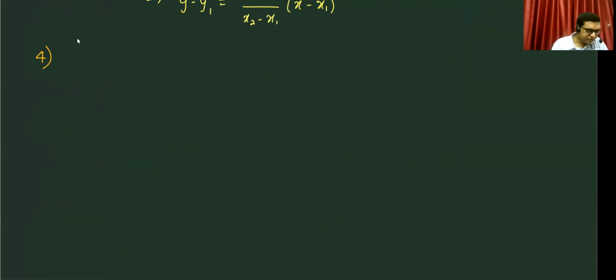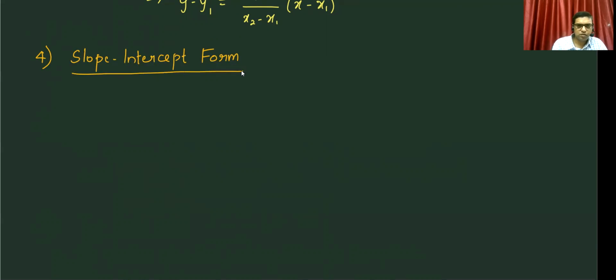Fourth one, slope intercept form. Slope intercept form.